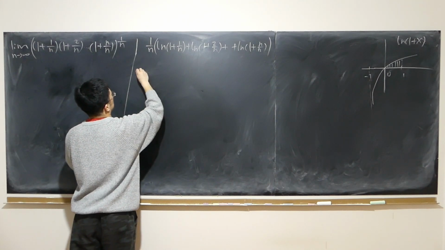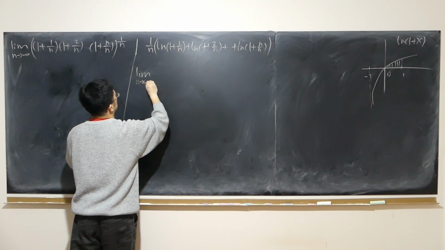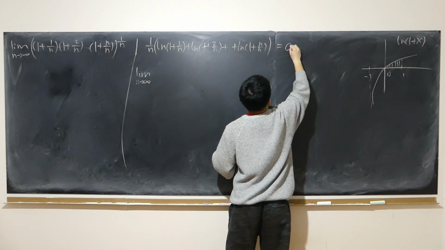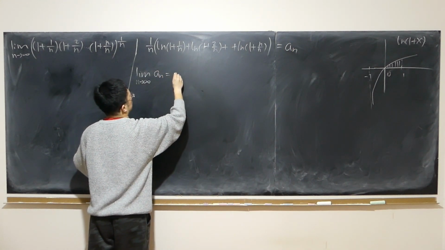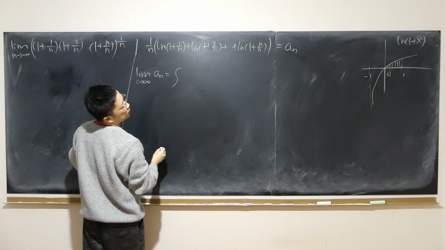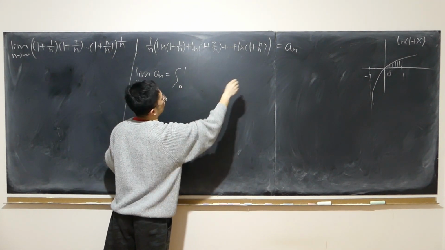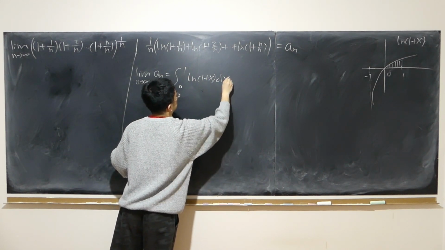So the limit as n approaches infinity of this, a_n, is equal to the definite integral from 0 to 1 of that function, log(1 + x) dx.